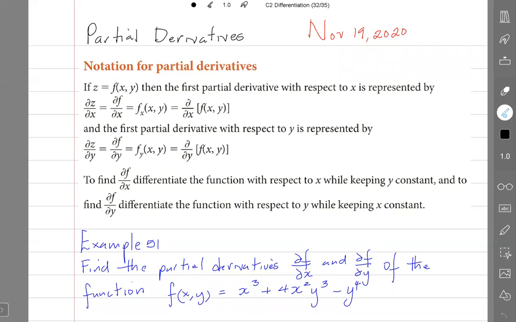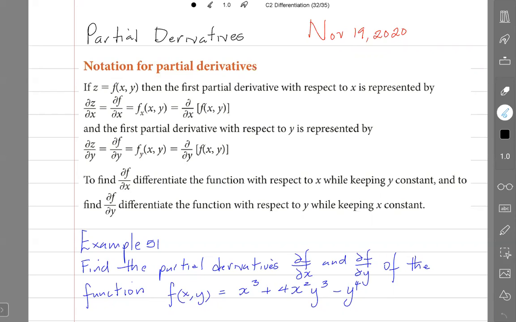That is the same as saying del f by del x. We're looking at different notation for representing the first partial derivative with respect to x.